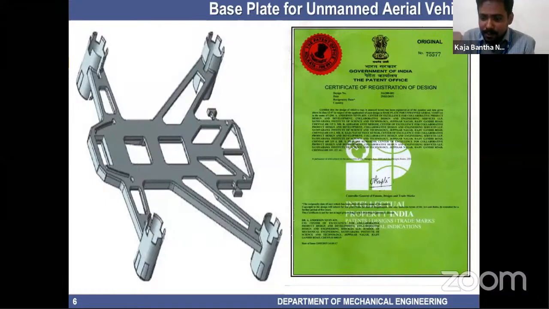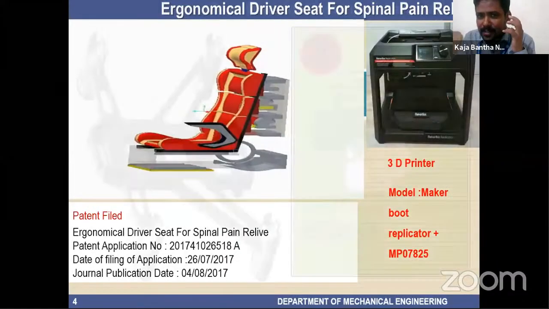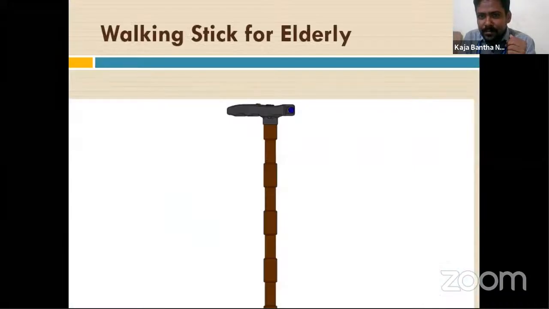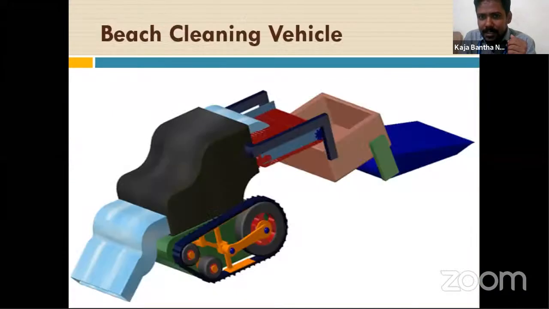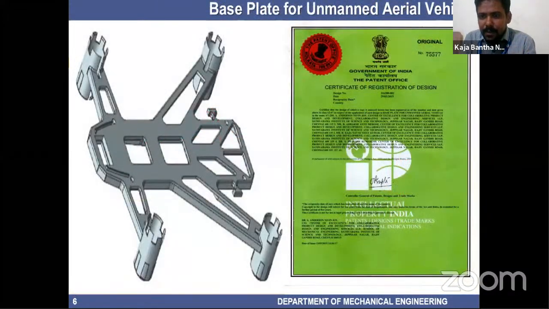For example, when students come and say, sir, I want a digital cloth, this thinking is coming in my mind, sir. One guy came and told, yes, sir, I want to develop one base plate.